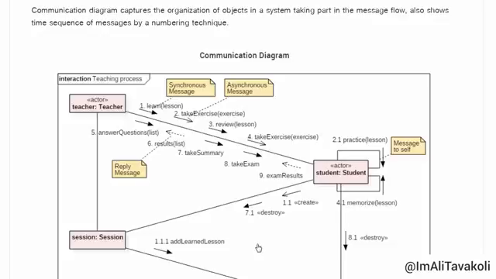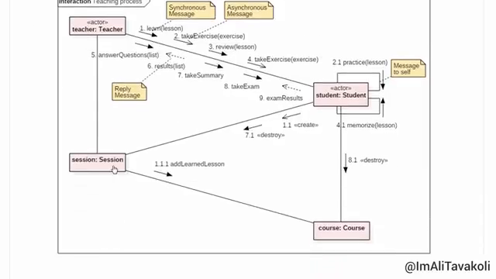And by a numbering technique, the message sequence flow is demonstrated. So number 1, the learned method is triggered, and after that it causes the number 1.1 to creating the session participant, and that causes the 1.1.1 add learned lesson method to be triggered.